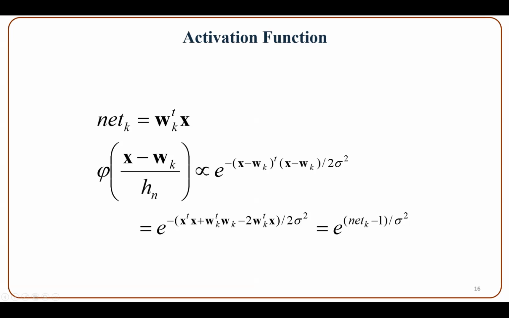After several steps, you can get to an exponential, e to the (net_k minus 1) divided by sigma squared. And here we utilize the normalization conditions that make the first term and the second term both equal to 1.